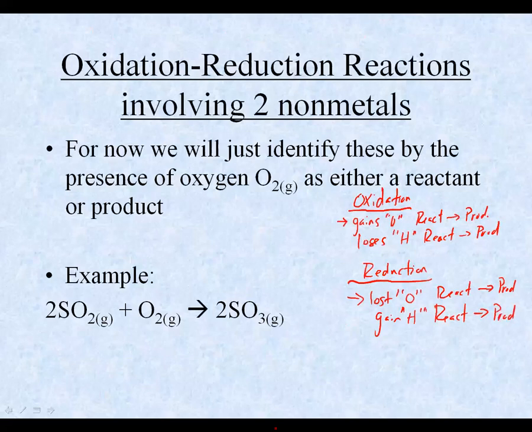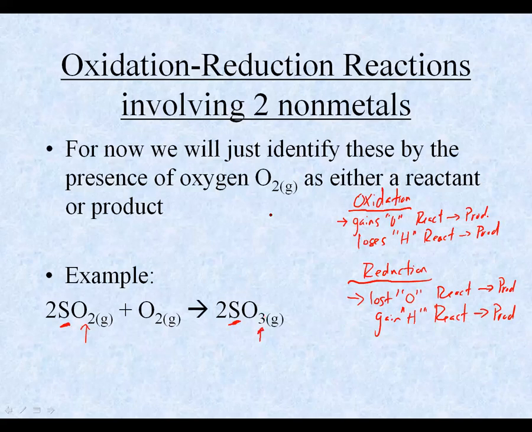So those are 2 other definitions of oxidation and reduction. And really in organic chemistry, you come across a lot of that because it's much easier to look at hydrogen and oxygen in organic molecules because there's not a lot of metals involved. But in general chemistry, there's a lot of metals involved, which means you can sort of figure it out based on the metals. So for example, down here, if we were to follow those definitions, when we look at the sulfur on the left-hand side, it has 2 oxygens. When we look at the sulfur on the right-hand side, it basically has 3 oxygens.